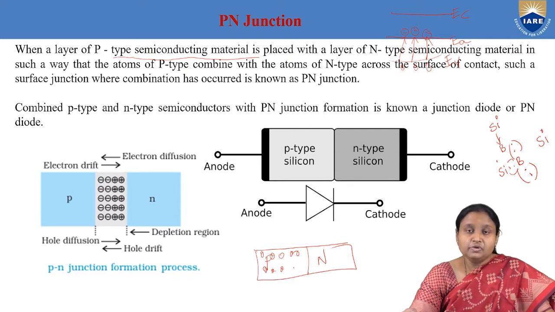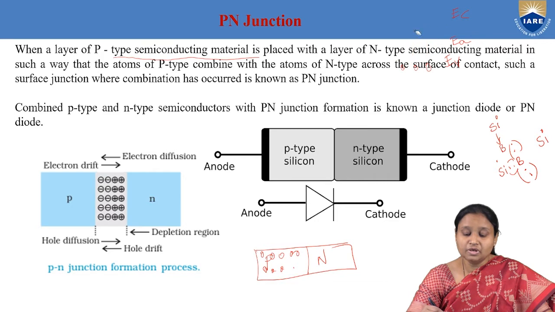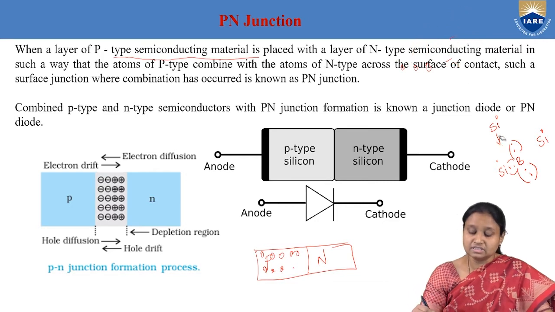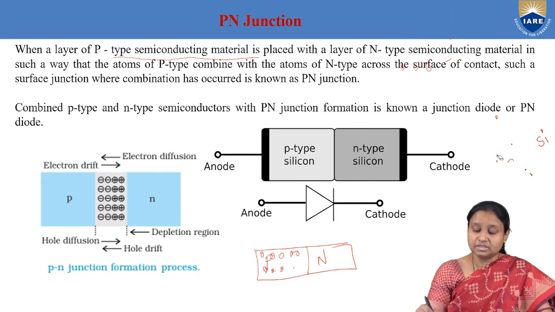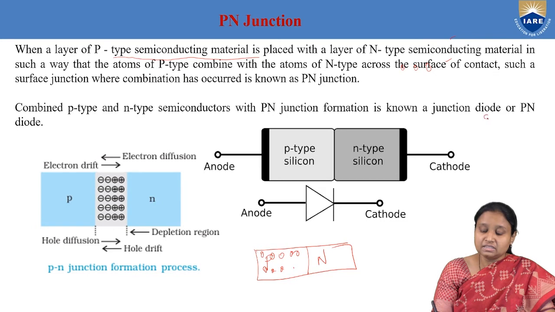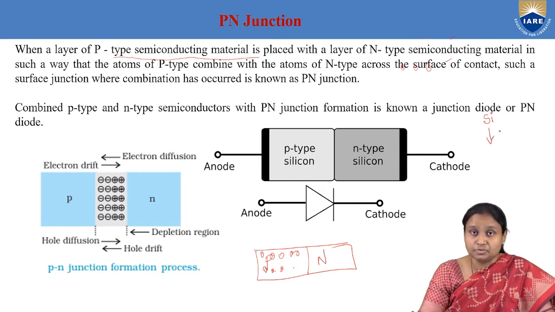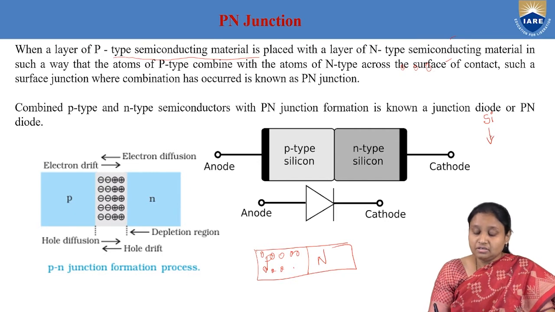Similarly, when we talk about N-type semiconductors, again we take our intrinsic semiconductor like silicon or germanium. Suppose I have taken a silicon crystal, and to that silicon crystal I add a group 5 element, which is a pentavalent impurity, suppose phosphorus.